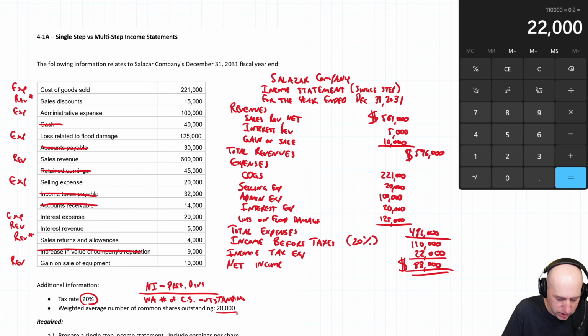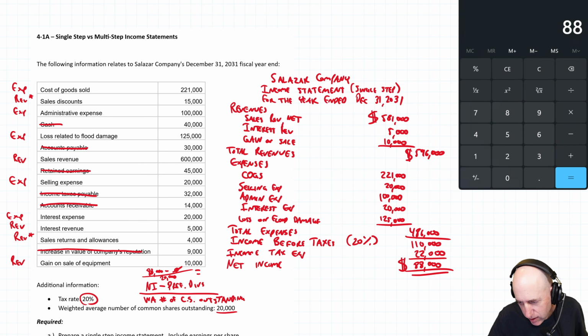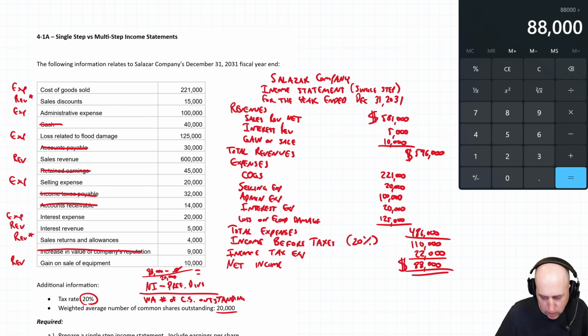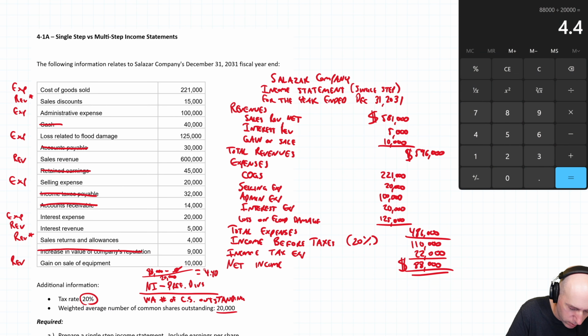It's just 20,000. So net income is 88,000. Preferred dividends. Did I see anything about preferred shares? No. Did I see anything about preferred dividends? No. So preferred dividends is 0. So it's going to be 88,000 minus 0 divided by weighted average number of common shares outstanding, 20,000. So 88,000 divided by 20,000 means my earnings per share was $4.40 per share.